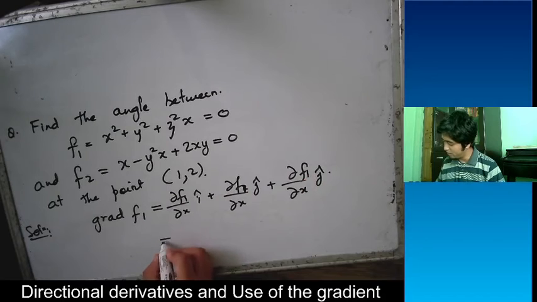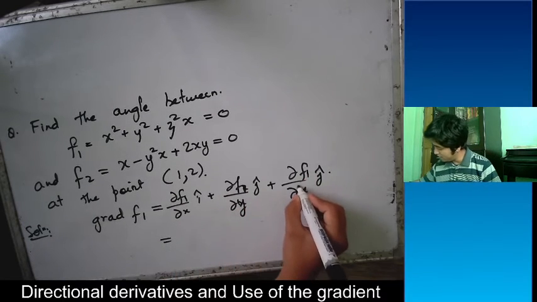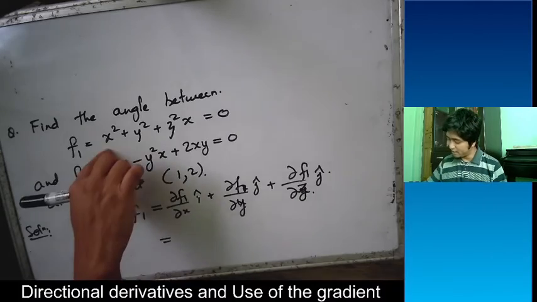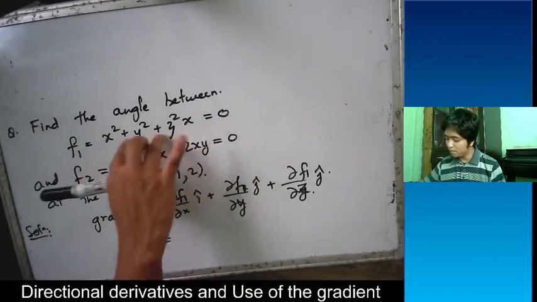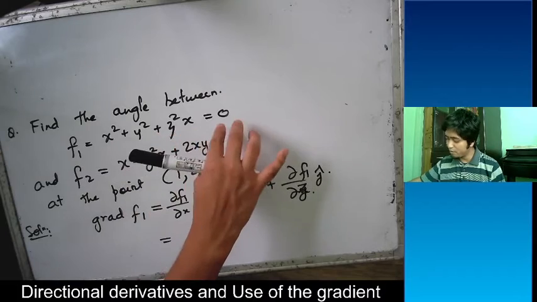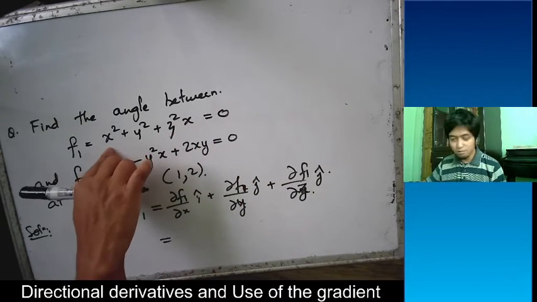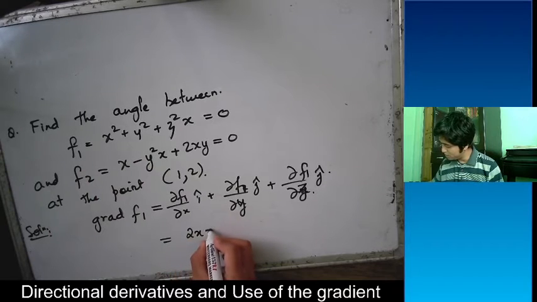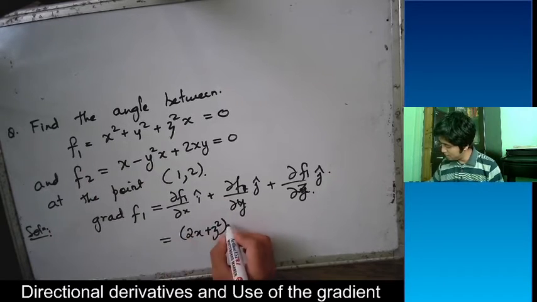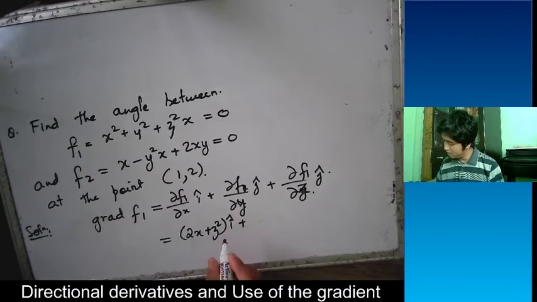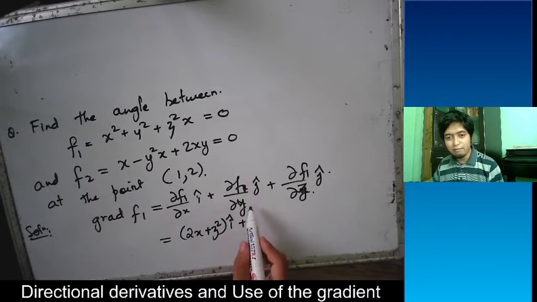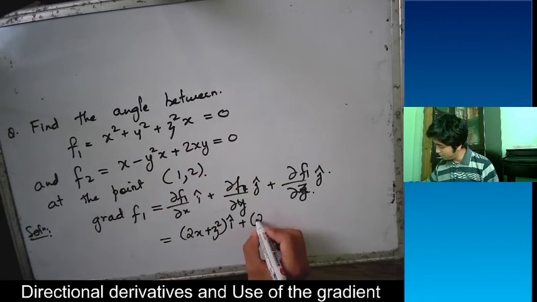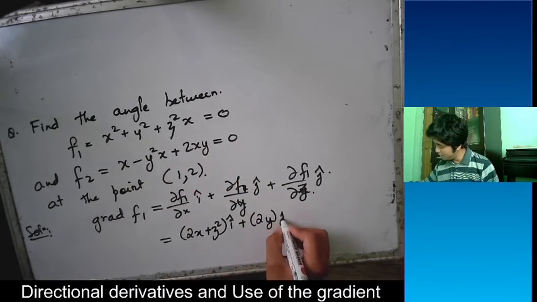Del f1 del x: differentiate this one partially with respect to x, forget about this 0, so you will be having 2x plus z squared, i, plus del f1 del y: differentiate this one with respect to y, you will be having 2y, j.